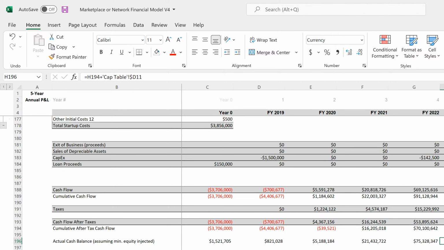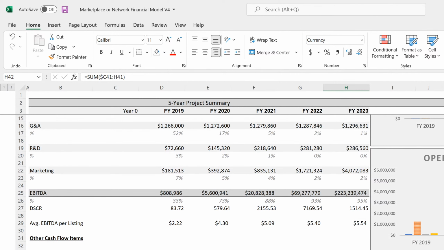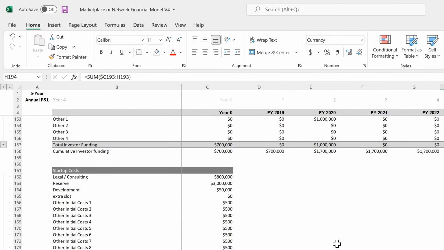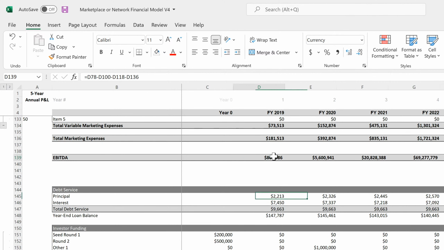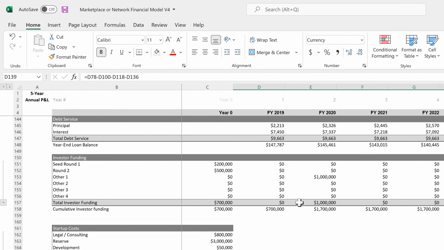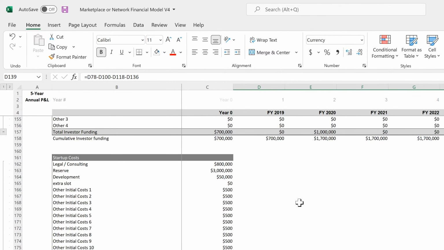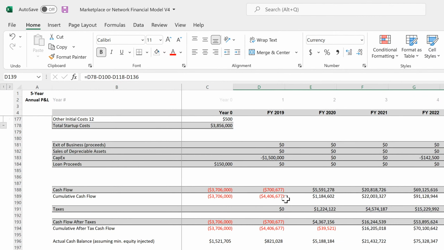We need to be at 435 or 429. EBITDA here is 319. So that's good. What are we missing?